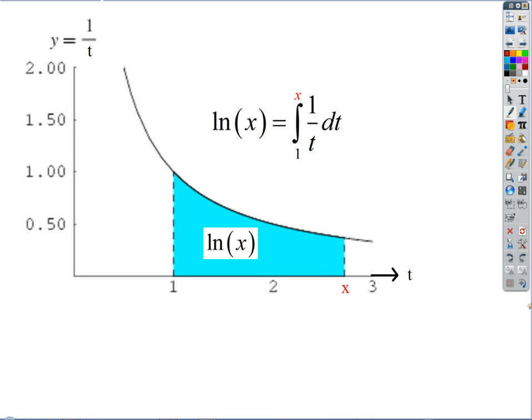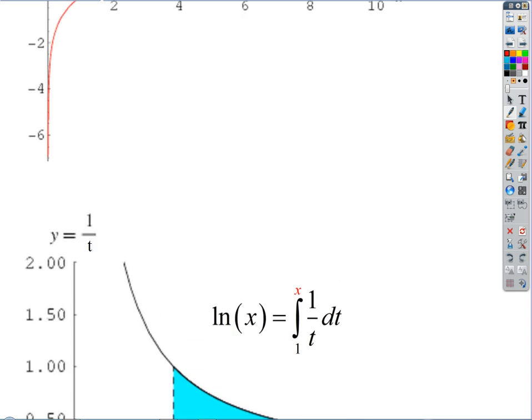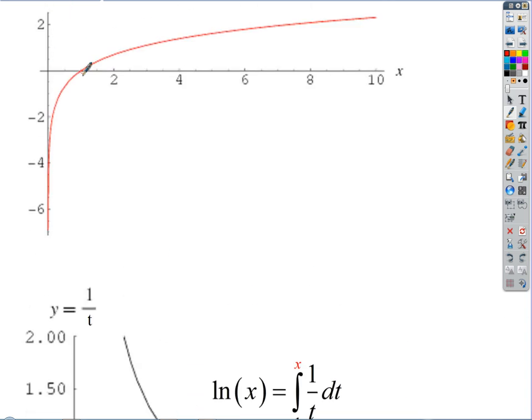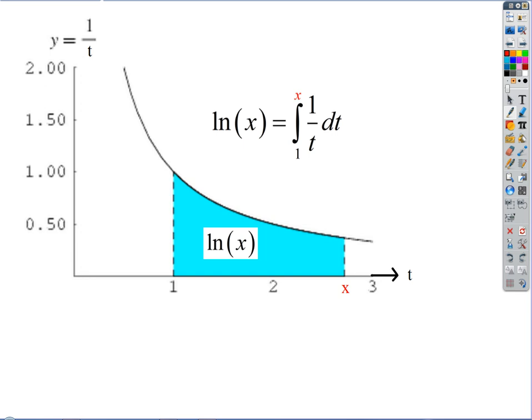And that's how we got negative values if we take logs of values between 0 and 1, because then we're forced to add the area up backwards and all that good stuff. But what I want to focus on today is how do we differentiate this?